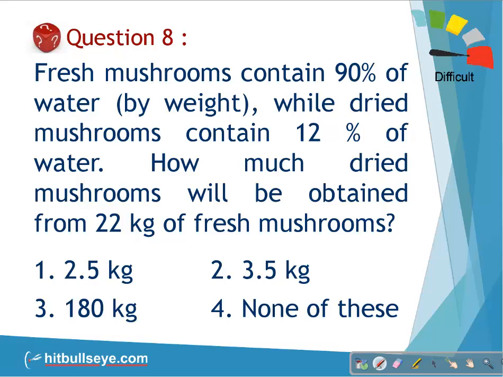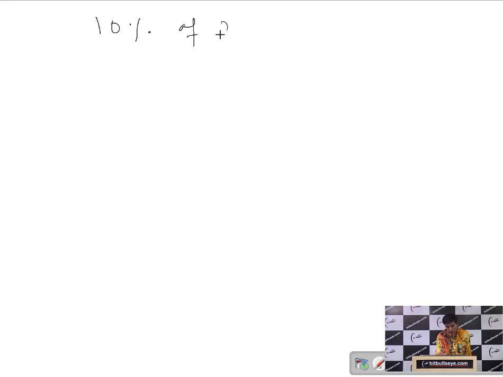So that means here we begin with 22 kgs of fresh mushrooms. Now we know that since 90% of water was contained in fresh mushrooms, so 10% must be the pulp portion or the solid part. So 10% of 22 kgs is 2.2 kgs.